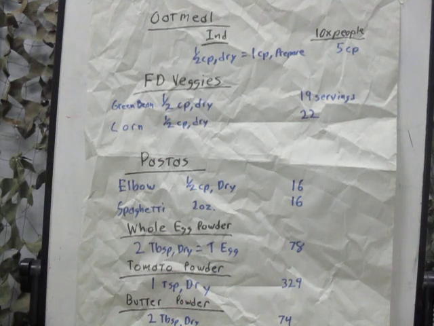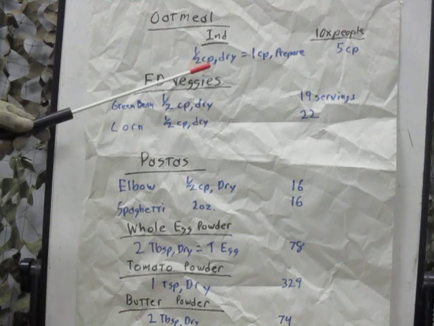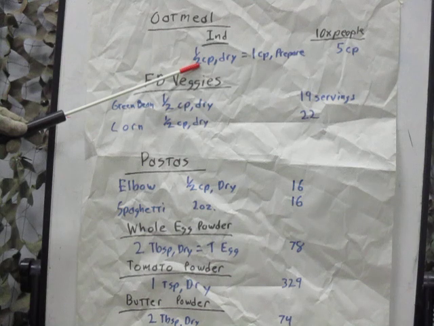Now, some other things that would be very helpful for including inside your caches for groups. Basic oatmeal. Oatmeal comes in multiple different weights and containers, but the numbers I have here are off of an 18-ounce container or package, which comes out to 1/2 cup dry per person.